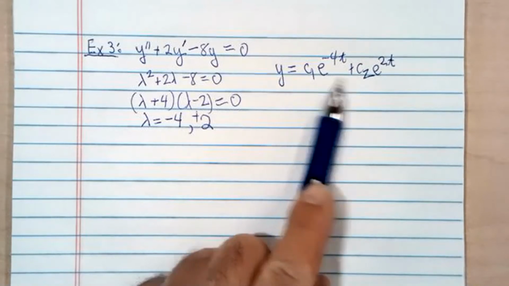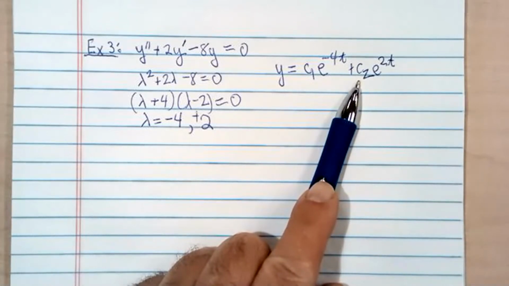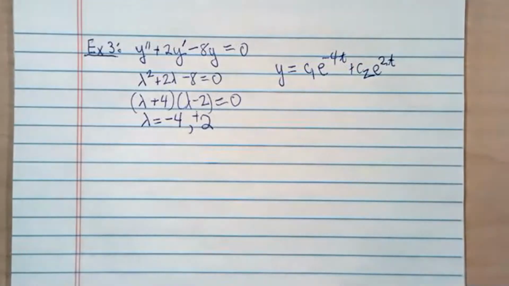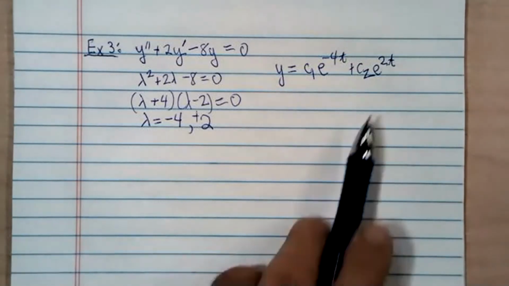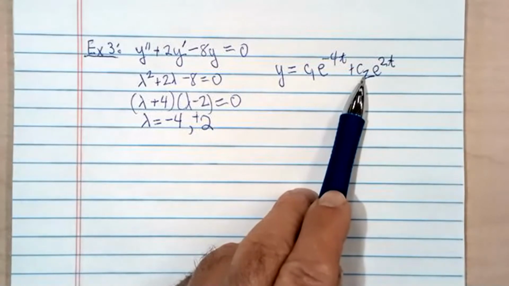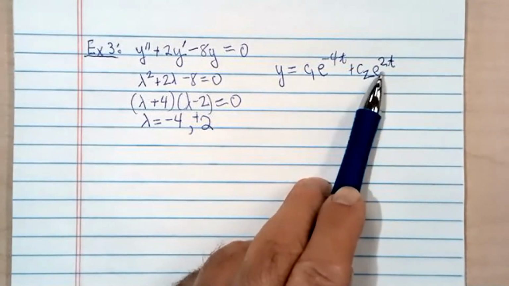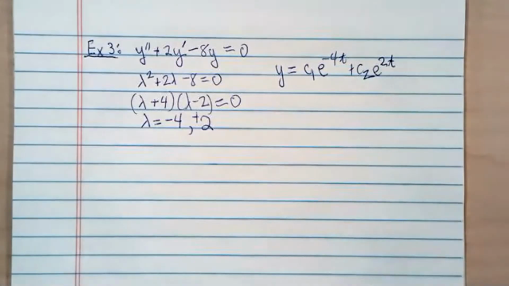On the other hand, if C2 is not 0, and it doesn't matter, positive, negative, and how much, it's going to blow up. Even if this is very, very small, like 10 to the minus 12, eventually e to the 2t will overwhelm it, and this term will become very, very large.